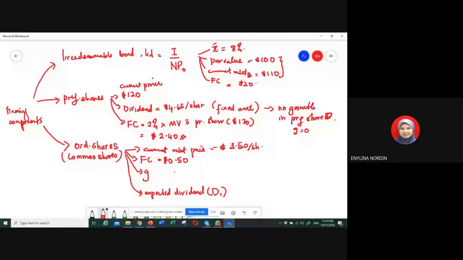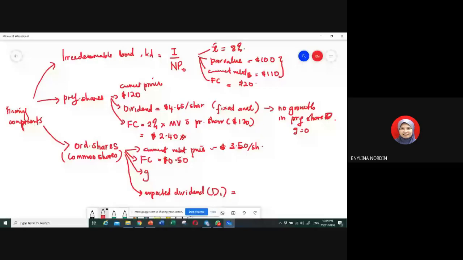If it's not calculated yet, sometimes the question will give you the current dividend. So just take note here: current dividend is D0. Sometimes the question will give you last year's dividend or current dividend of a certain amount, and then you need to determine the expected dividend, the D1.